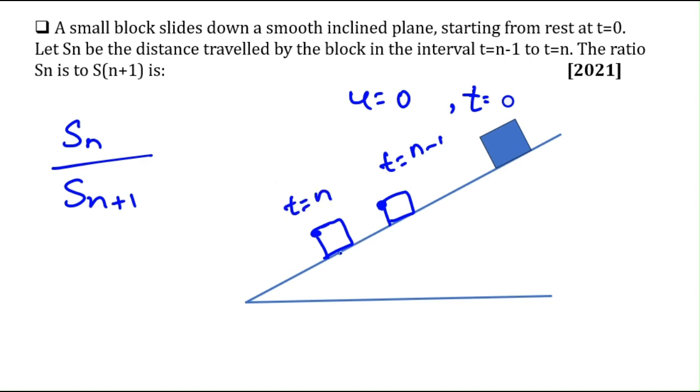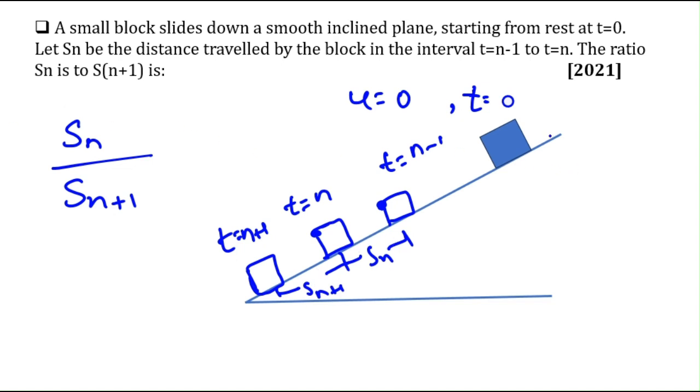So this distance is Sn. Now, with the similar argument, we can say if this block comes here at t equals to n plus 1, then this distance should be Sn plus 1. So we have to find the ratio of these two distances, Sn and Sn plus 1.